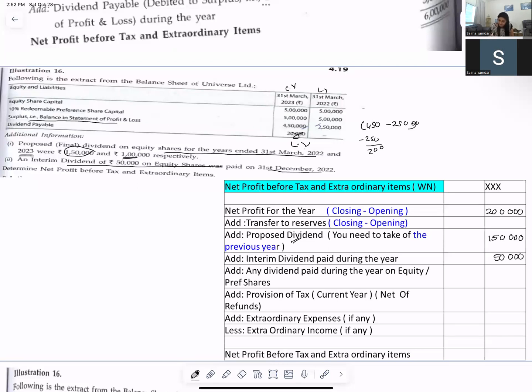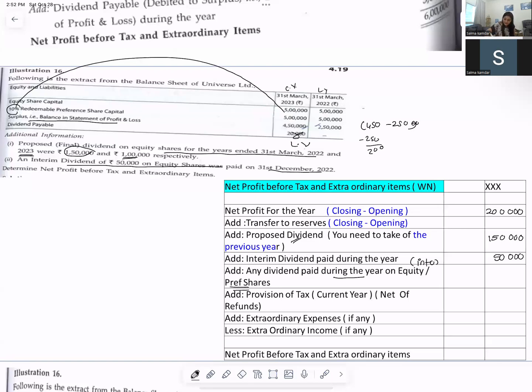Then you have any dividend that is paid during the year on equity and preference shares. About equity shares, they will give us information. But you should know that preference shareholders receive dividend irrespective of the fact that profit is earned or not. So this is 10% redeemable preference shares.